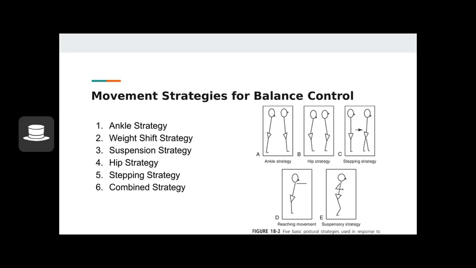Next, we have the hip strategy, which can be seen if we're leaning backwards or forwards at the trunk, the abdomen, to make sure that we are keeping that center of mass within that base of support. Fifth, the stepping strategy is the very last option that our body undertakes in order to maintain our balance.